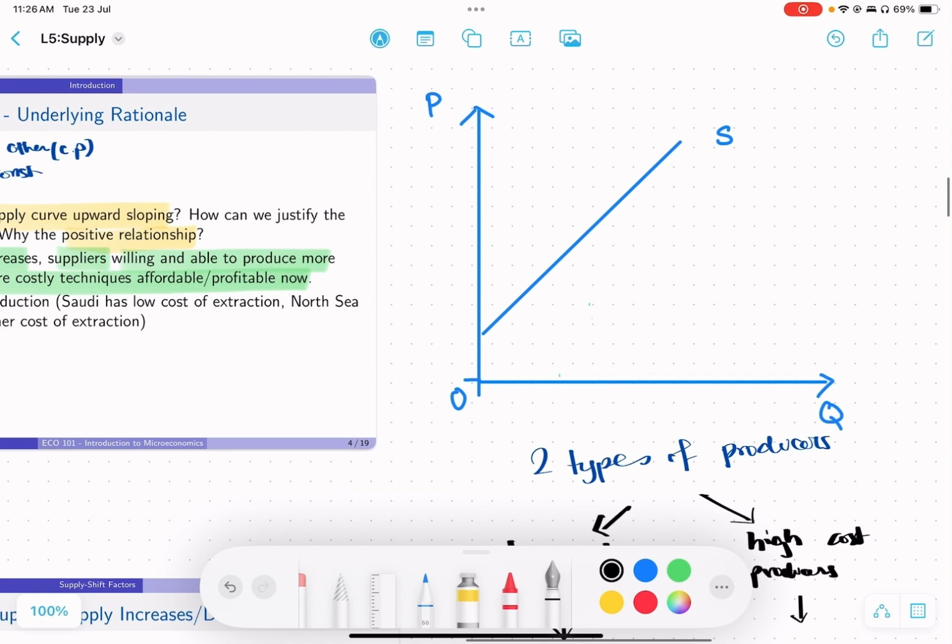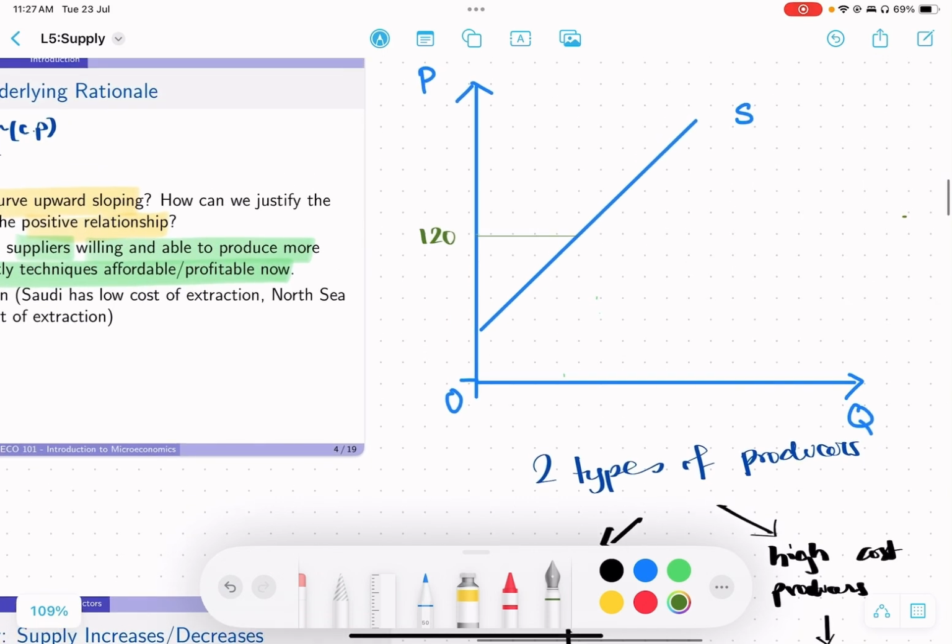Now let's look at the supply curve here. Let's say that the market price for this particular good is taka 120. So for the low-cost producers, whose cost of production is 100 taka, they're quite happy supplying at this price. And let's say they're willing to sell Q1 amount.